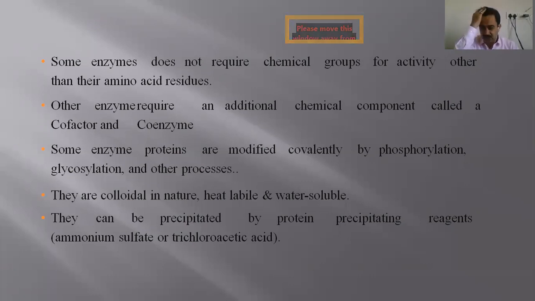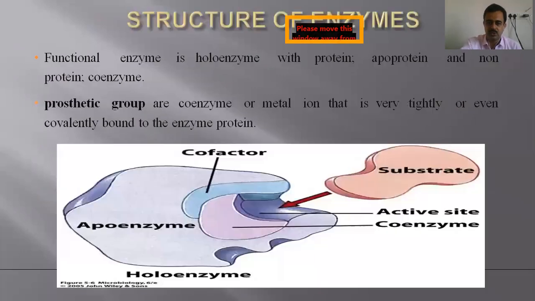Since the nature of the enzyme is protein, these are heat labile. Whenever a protein is exposed to heat, the structure of that particular enzyme will be distorted. It is absolutely non-functional. They can be precipitated by protein precipitation reactions, such as ammonium sulfate and trichloroacetic acid. Means they can be removed from that particular system with the help of these chemical reactions.